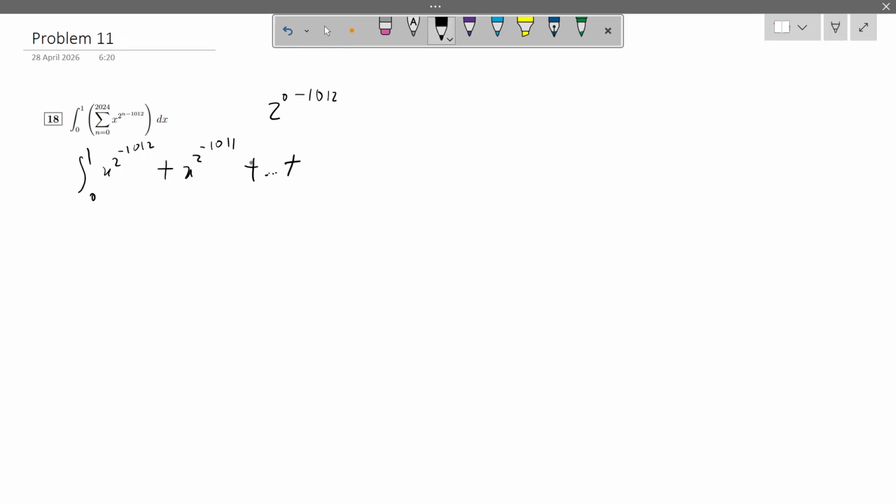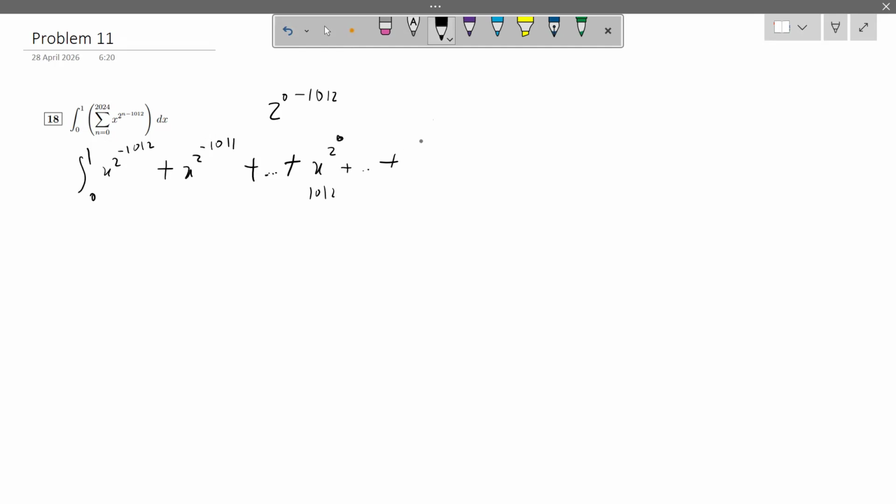I'm going to break this pattern a bit. I'm going to substitute the middle number, that is n equals 1012. So we have x to the power of 2 to the power of 0. This is the term number 1012.